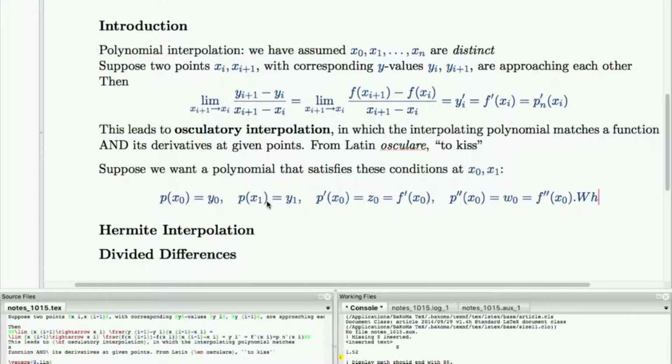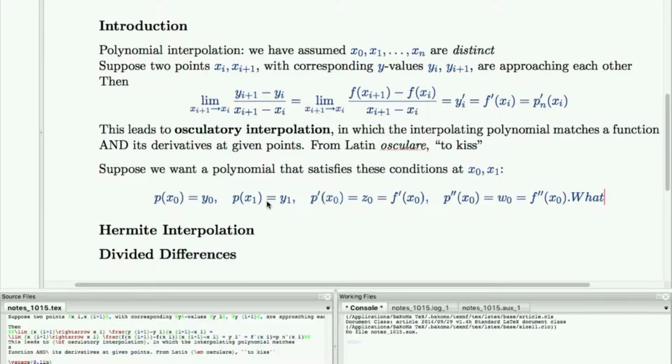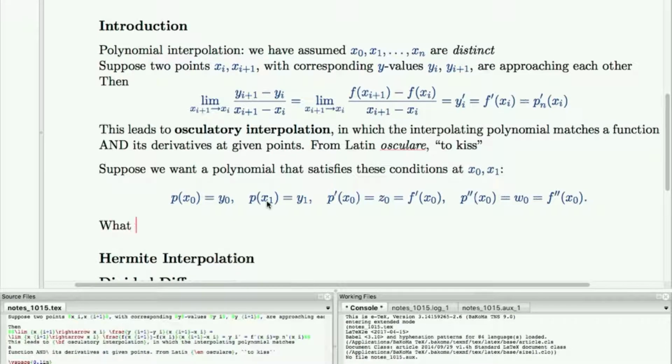So what degree must P of x have to satisfy this many conditions? Because we only have 2 points, x0, x1. You might think, oh, we can have a line pass through those 2 points, which will satisfy these 2 conditions, but not these. So to satisfy all 4 conditions, what degree does the polynomial need to have? 3.